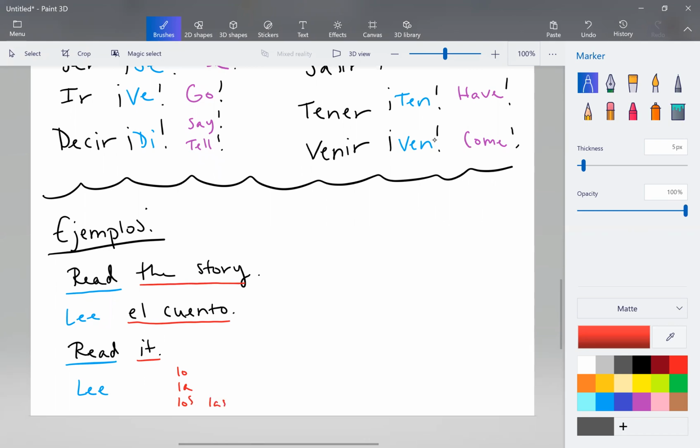Lo. Perfect. Léelo. Okay, so all of the things that we learned about pronouns are still happening here.